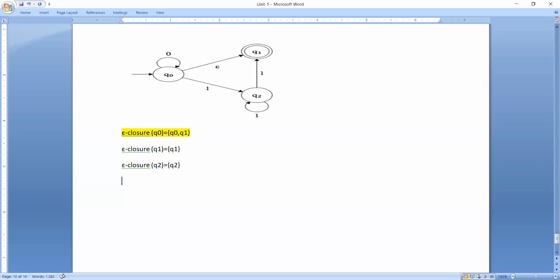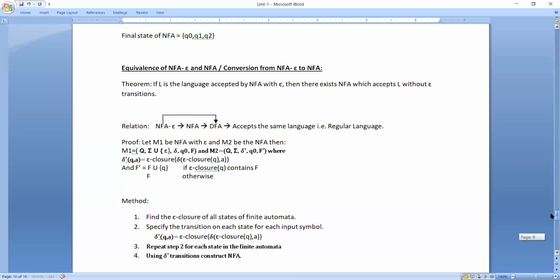Now we need to define the transition function. How do we define it? The same, just like how we did here.